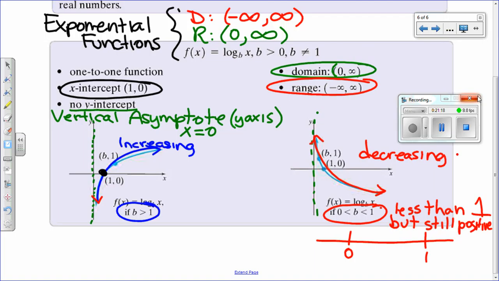So if you notice, what is the domain for logarithmic is the range for exponential, and whatever is the range for logarithmic is the domain for exponential. They're switched because they're inverses of each other. That's why we switch the x and the y, right?